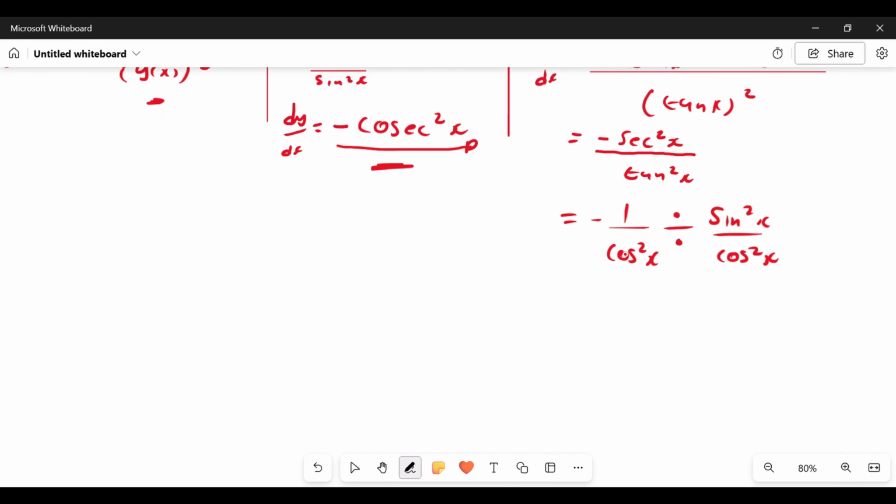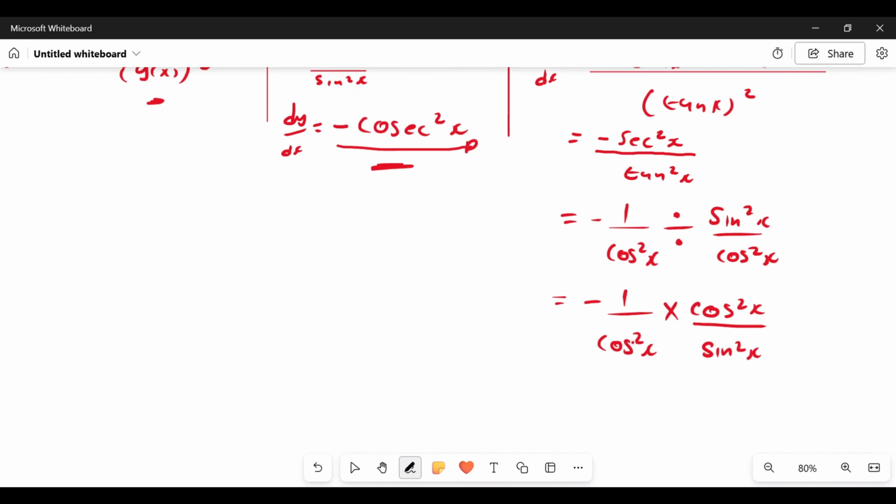Remember, negative 1 over cos squared is the same as negative sec squared, and tan squared x is sine squared over cos squared. These are quotient identities. Right, so let's continue. We have negative 1 over cos squared x. We change this division into multiplication. The denominator becomes the numerator, cos squared x, and the numerator becomes the denominator, sine squared x.